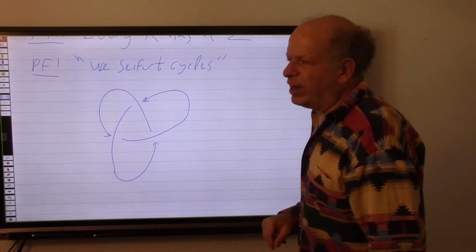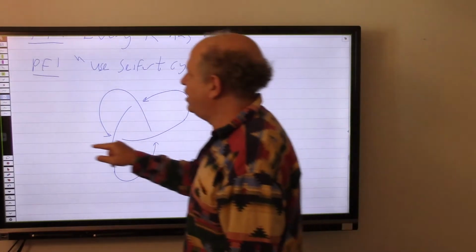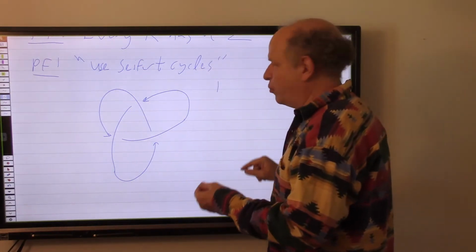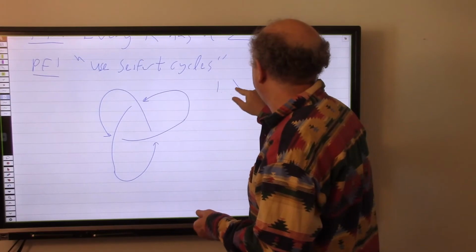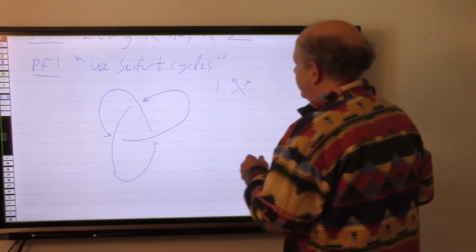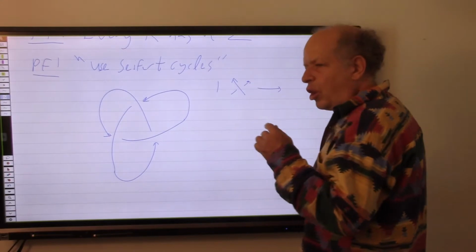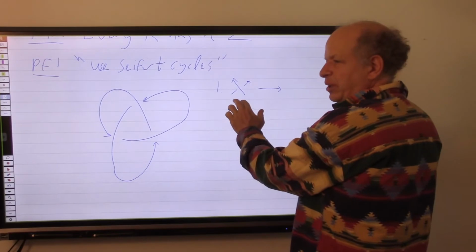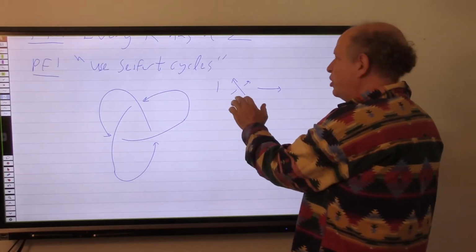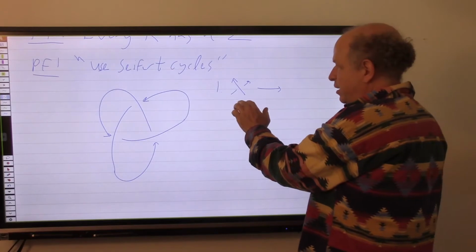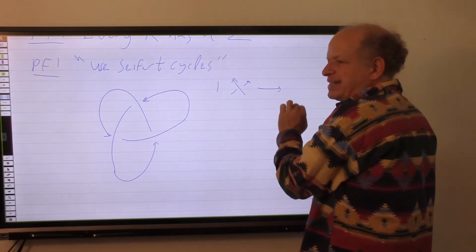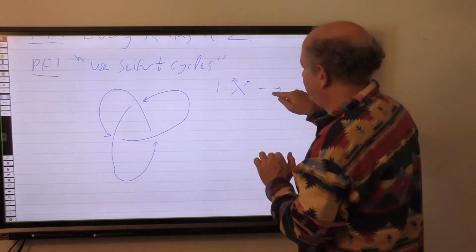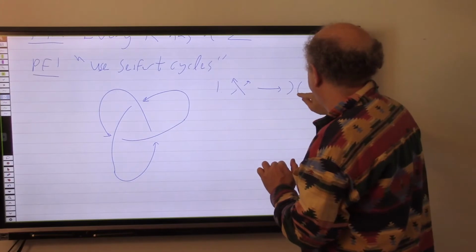Okay, and what you do is, the first step is you replace every crossing. Wherever you see a crossing, you replace it by its oriented smoothing. Remember when we talked about the Jones polynomial, every crossing can be smoothed in 2 ways. But we will use the one which respects the orientation. So in our case, it's the one that looks like this.